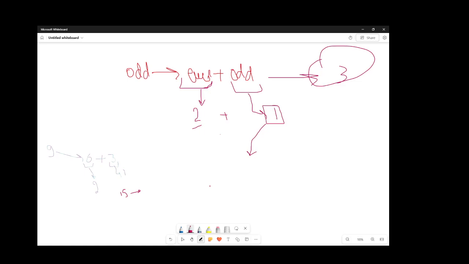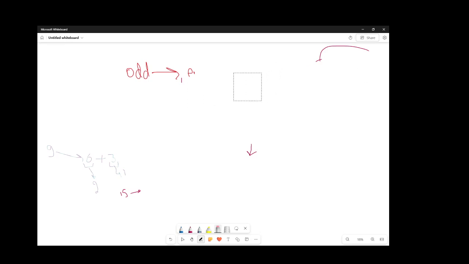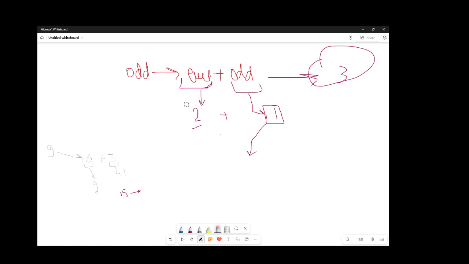And here what we are calculating is this case. Sorry, I was analyzing the wrong thing here. We should not analyze like this. This is fine. But you always know that for odd there is even plus odd.